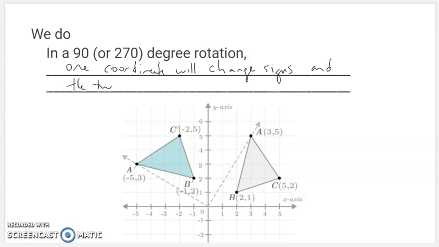And the two coordinates will reverse, right? So like 3, 5 becomes negative 5, 3, something like that. So in a 90 or a 270, one coordinate will change signs and the two coordinates will reverse.